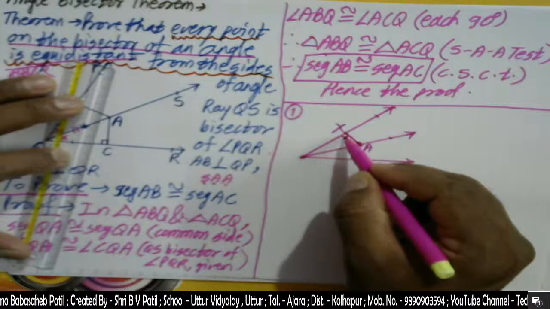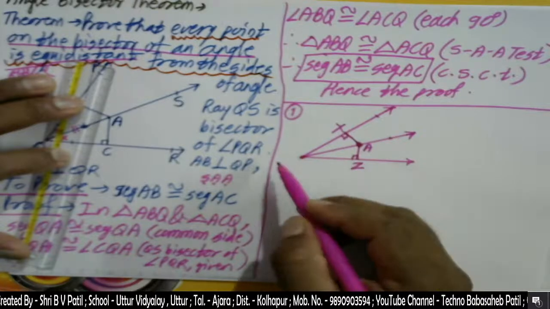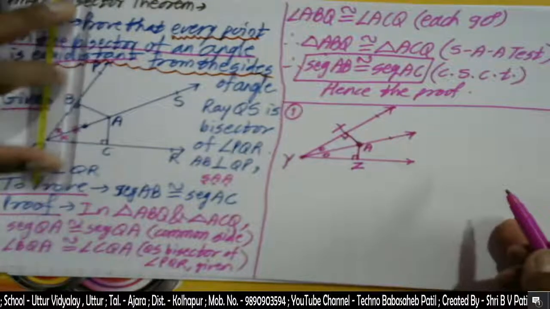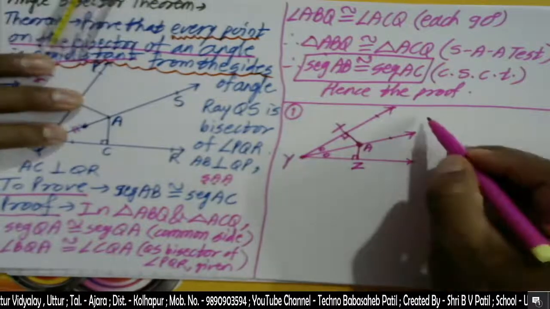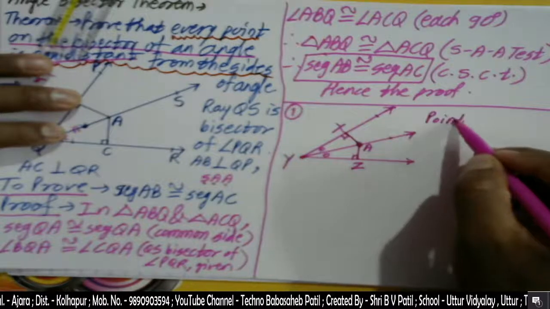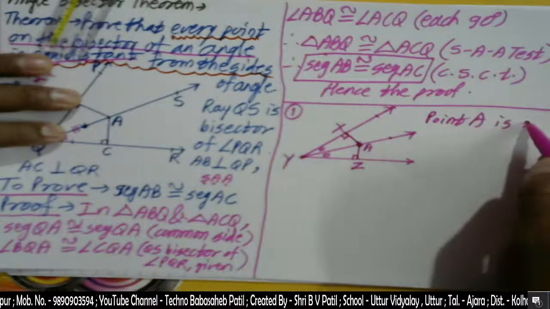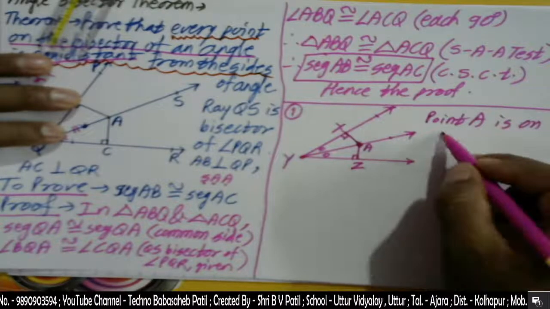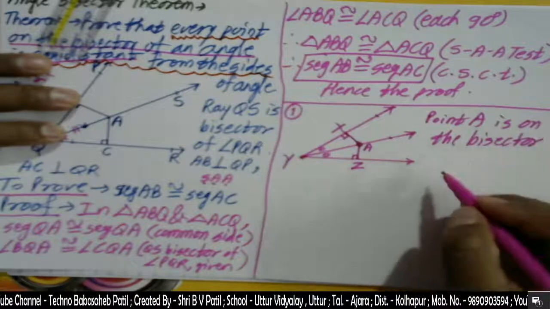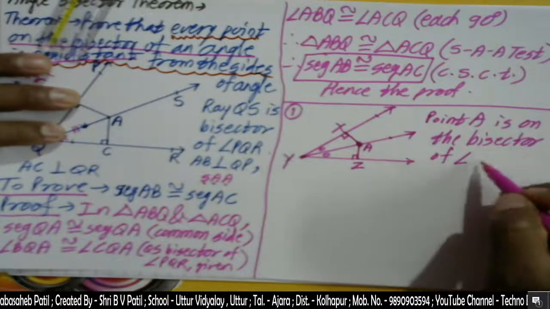AX is perpendicular and AZ is perpendicular, two angles are congruent. Then question is: point A is on the bisector of angle XYZ.